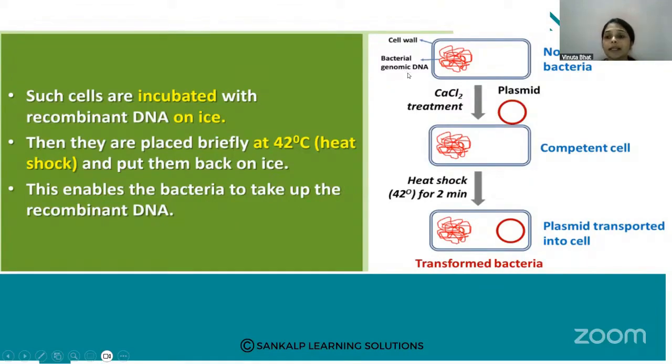So how is this bacteria able to take up the recombinant DNA? By this process, the heat shock process. Once the cells are incubated on ice, and once they are treated at 42 degrees Celsius, the bacteria take up the recombinant DNA. Here also you can see the transformed bacteria.